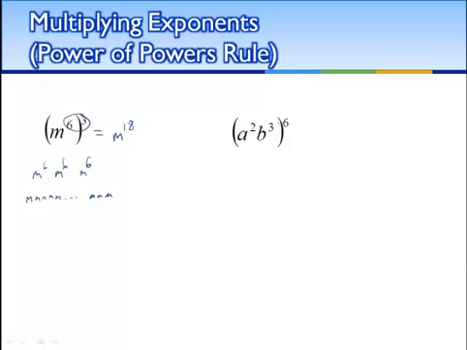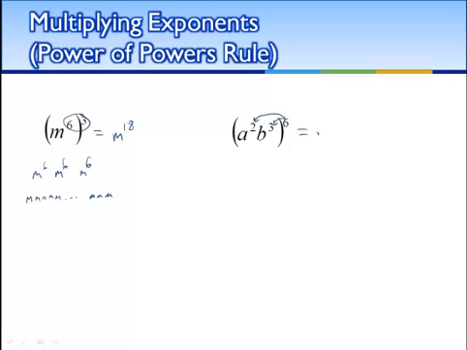But the shortcut is instead of writing it all out, I could take this 6 and multiply it by each of these exponents. I often think of this as the distributive property of exponents. 6 times 2 gives us how many total a's there are, and 6 times 3 gives us how many total factors of b there are.